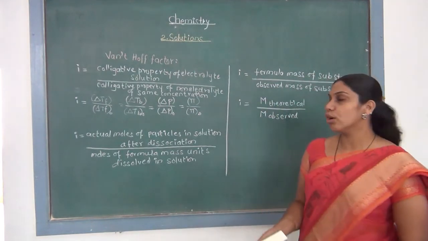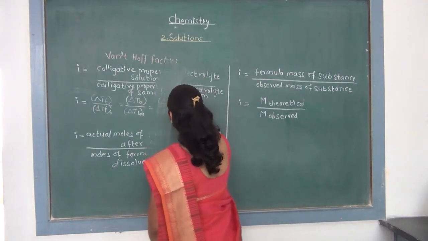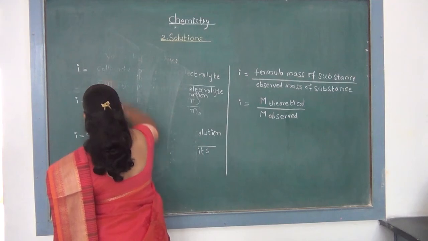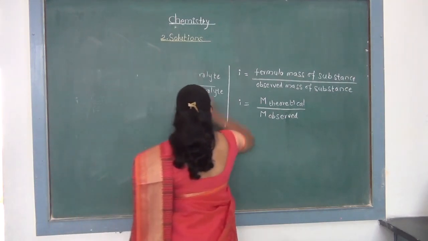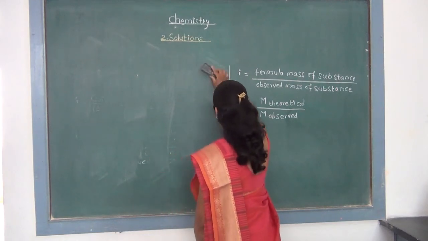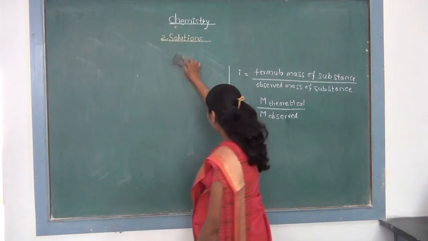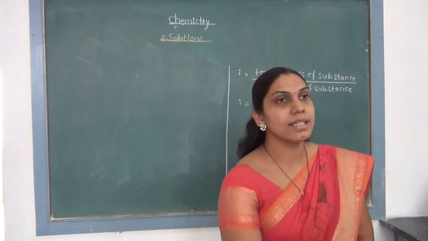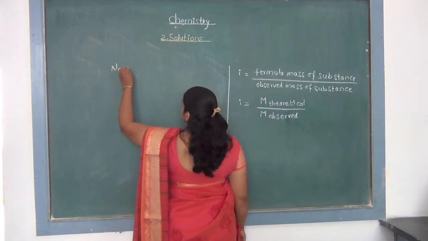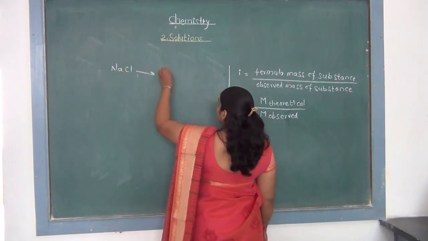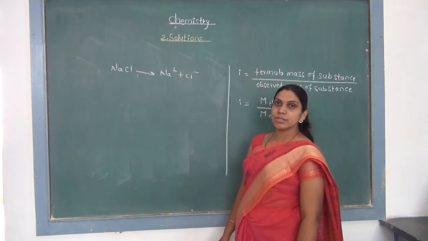First example is of NaCl. Supposing NaCl is dissolved in water, it will form two ions.